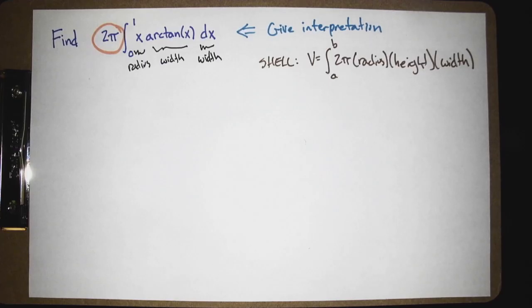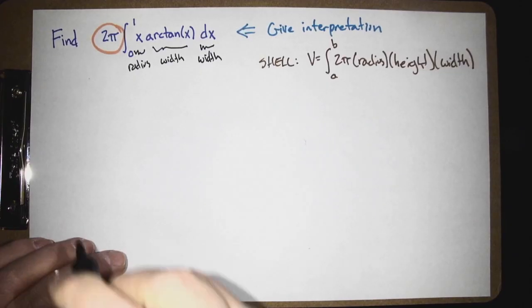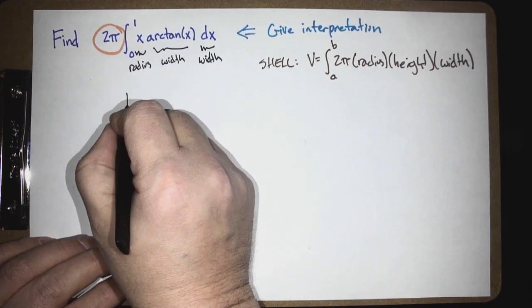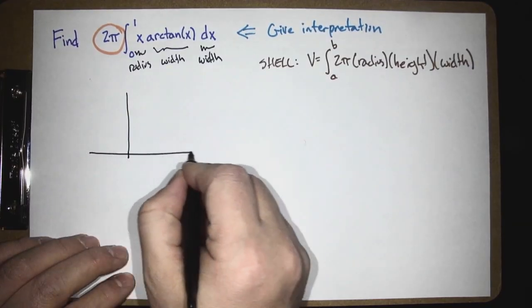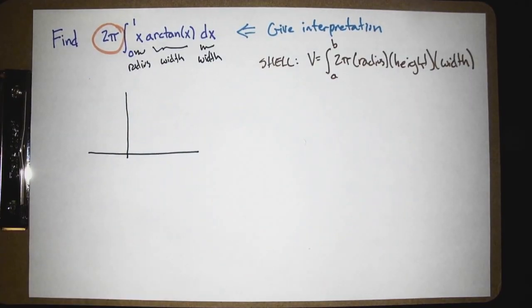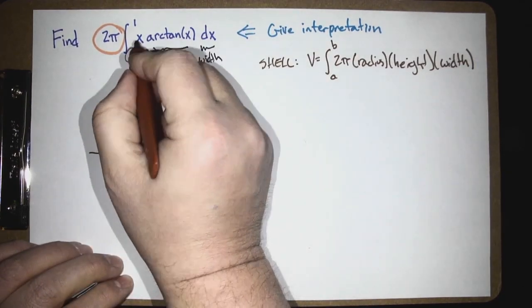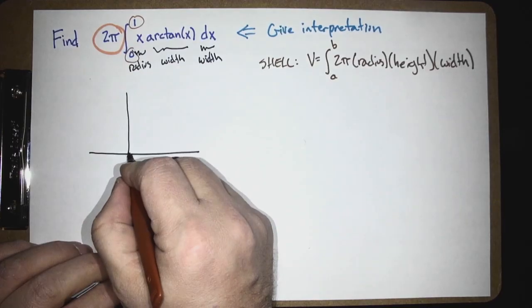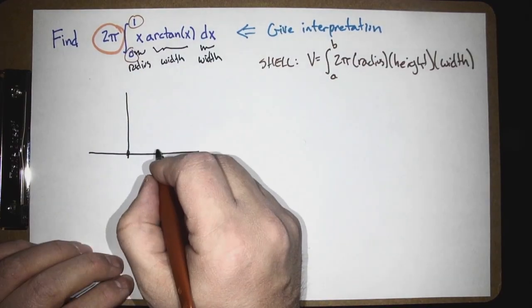Okay, so given that this is the case, now we can draw a picture. We have the function arctangent, of course, everybody's favorite function. We all know it by heart. And we only need to go from 0 to 1. Arctangent of 0 is 0.